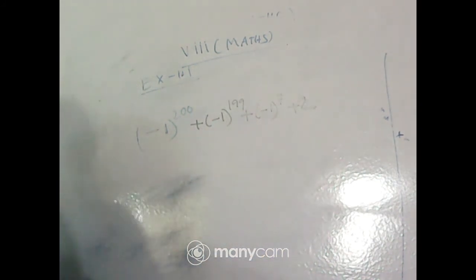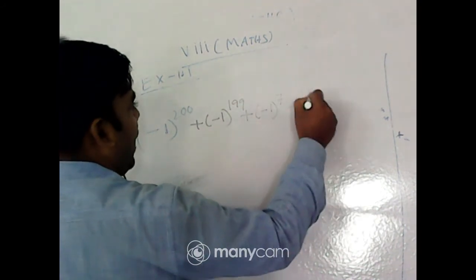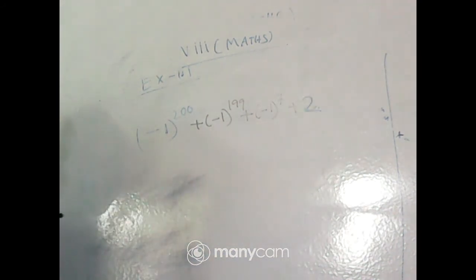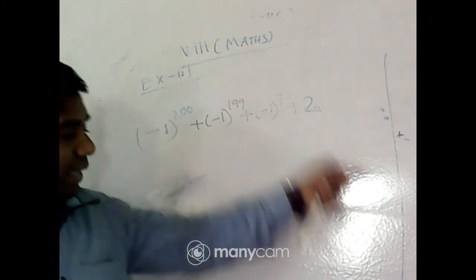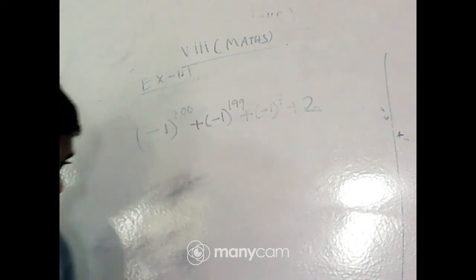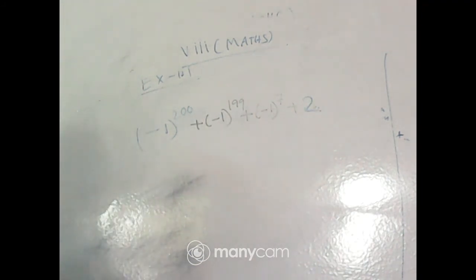Again I am repeating the question: minus 1 whole to the power 200, minus 1 whole to the power 99, minus 1 whole to the power 7 plus 2. What is the multiplicative inverse of that number? Quickly answer it. That is the last question for today's class.